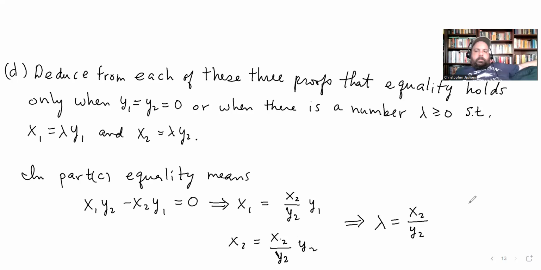So that follows from that. And again, the y1 equals y2 equals 0 case, I'll skip that just because it's easy. So that's part D. And I think that's the last part to number 19 here. That's the last part to number 19. I think that's all the ones I needed to do.